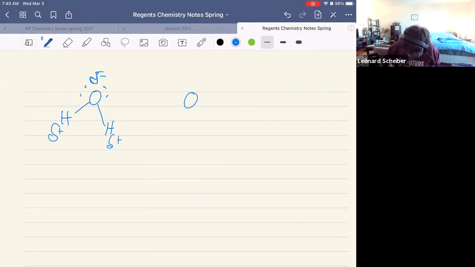Here's another water molecule. Partial negative, partial positive, partial positive. And what's going to happen is when these water molecules come to this solid ionic lattice, it's actually going to help pull it apart. It's going to make it so the ions dissociate.